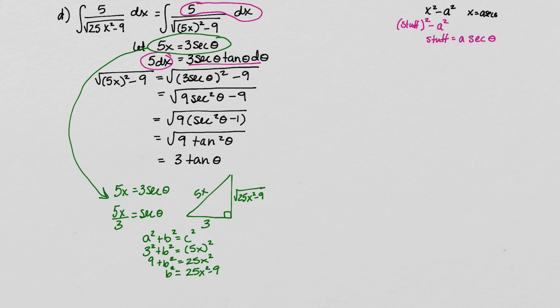So now I can plug into all the stuff, right? So the 5dx, that part that I've circled in pink, we're going to replace with what 5dx is. So 5dx is 3 secant theta tangent theta d theta, all divided by, that whole square root was just 3 tangent theta.